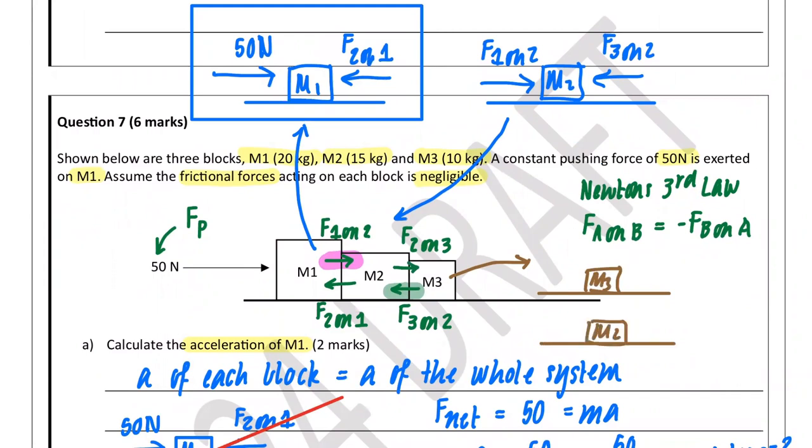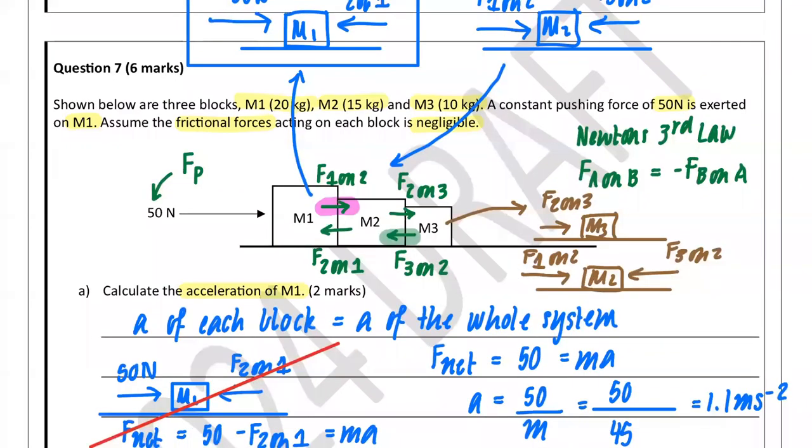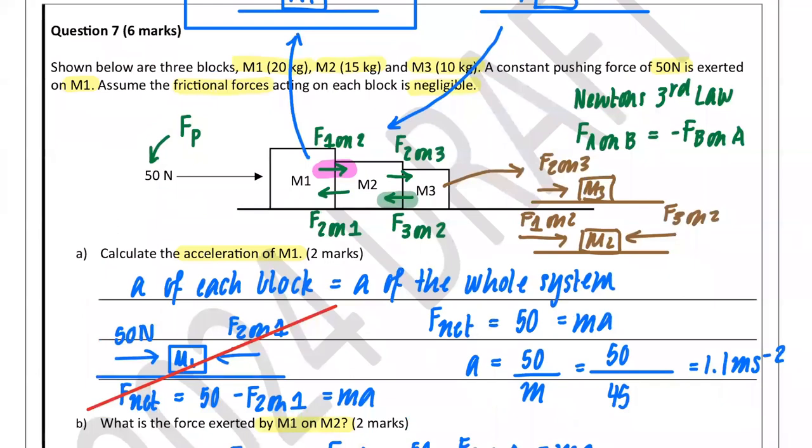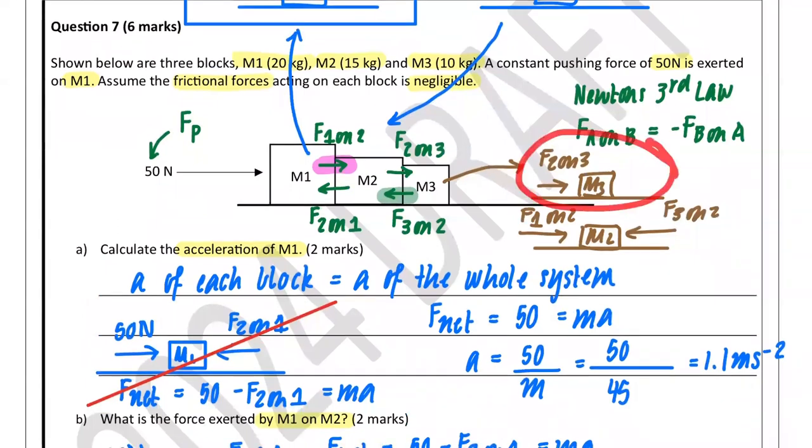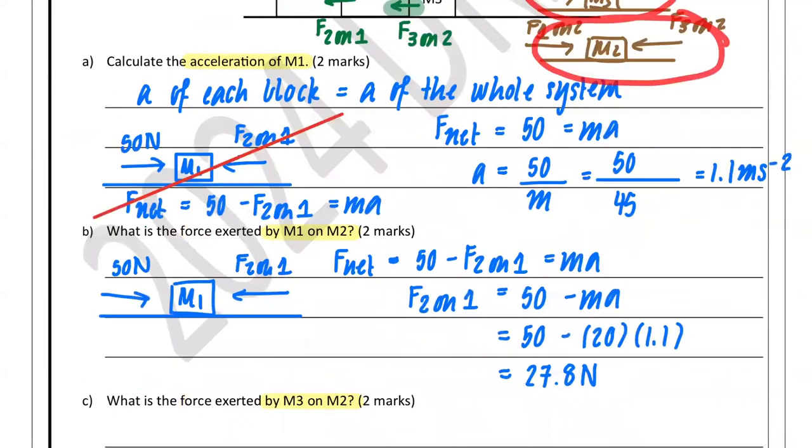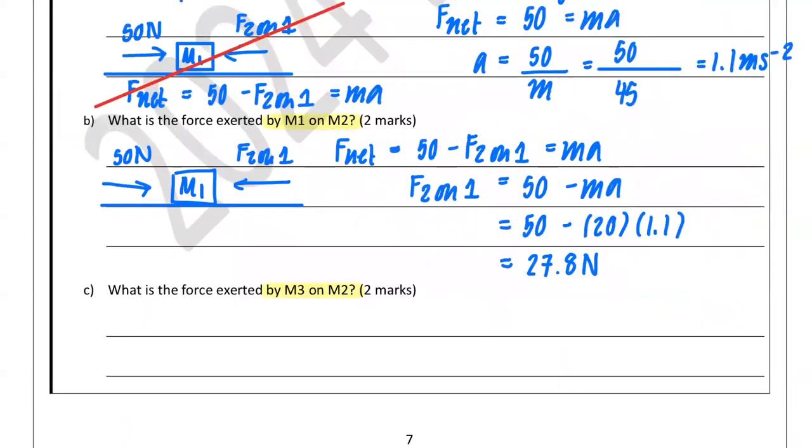If I quickly draw the forces: on block 3 is force 2 on 3. On block 2, there are going to be two forces: force 3 on 2 and force 1 on 2. Can you see how the free body diagram for block 3 only deals with one force? So it's going to be a lot easier compared to this one here. Therefore, I'm going to choose to isolate block 3.